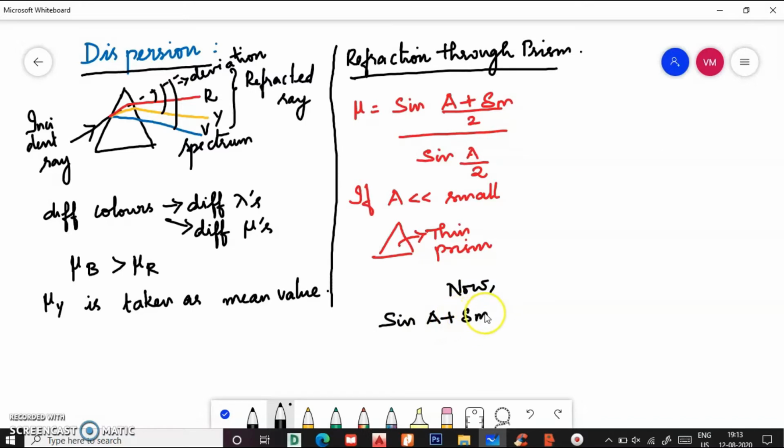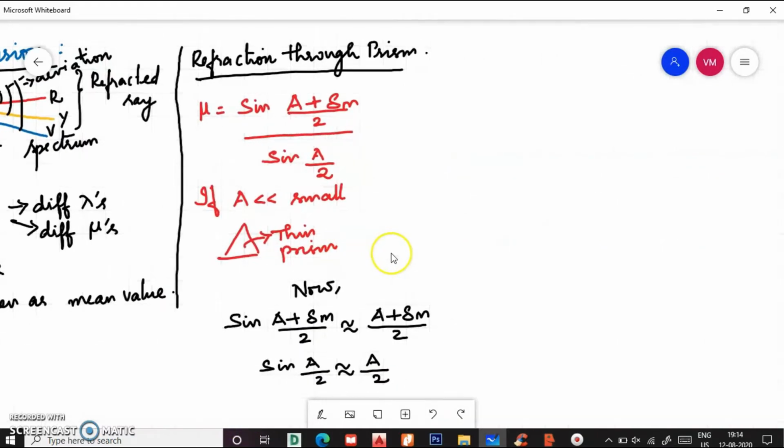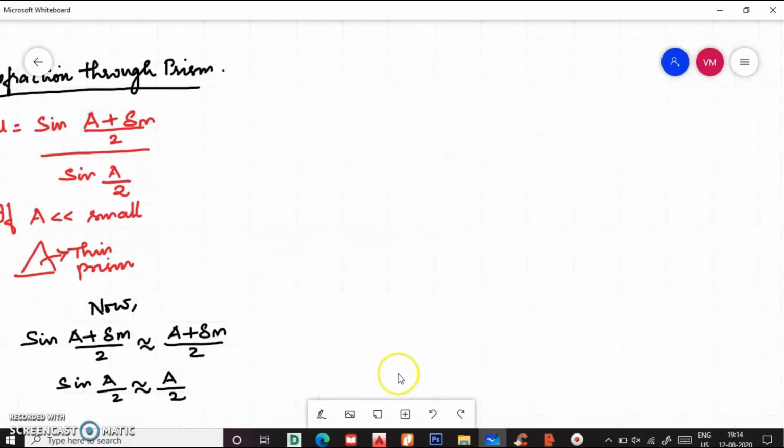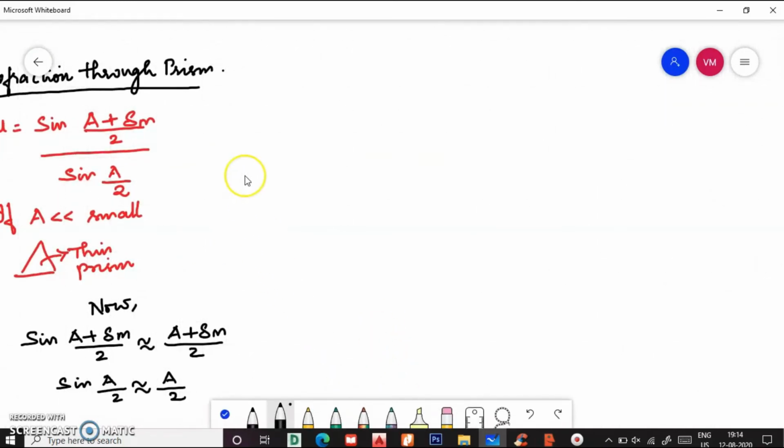Sine of (A plus delta m) by 2 is approximately equal to (A plus delta m) by 2, and sine of A by 2 can be approximated to A by 2. Let us substitute these modifications in the refractive index equation. Mu is equal to (A plus delta m) by 2 divided by A by 2.